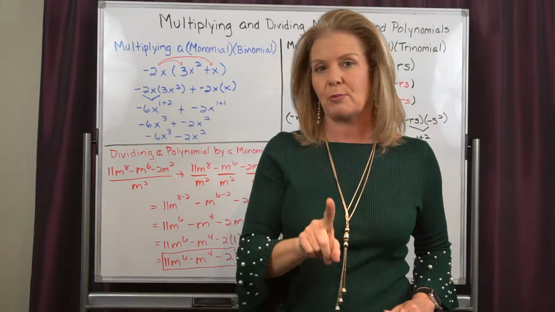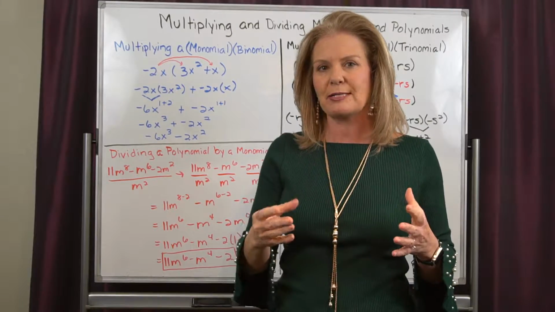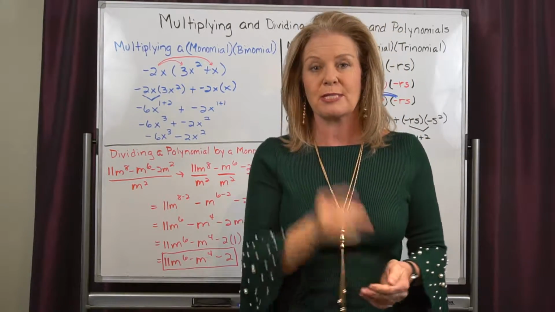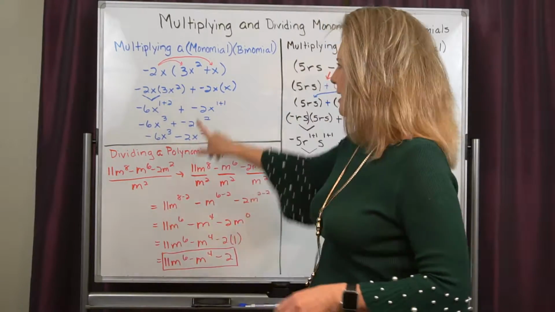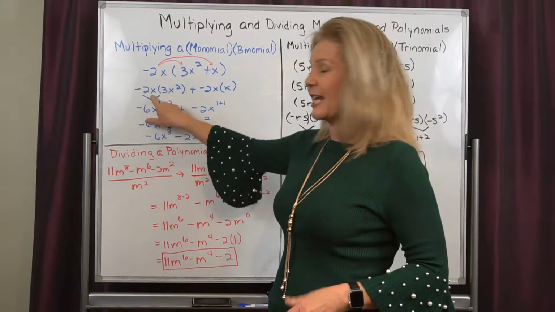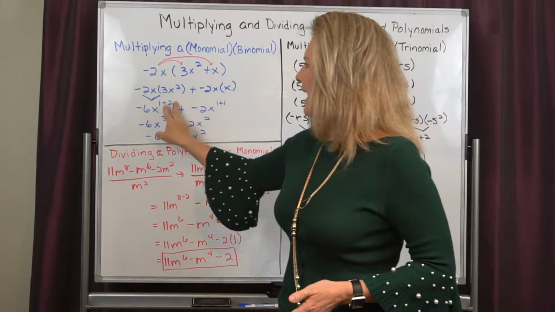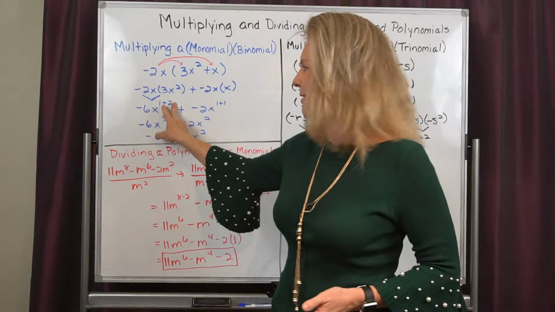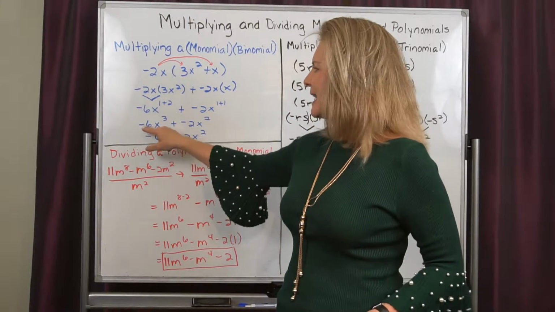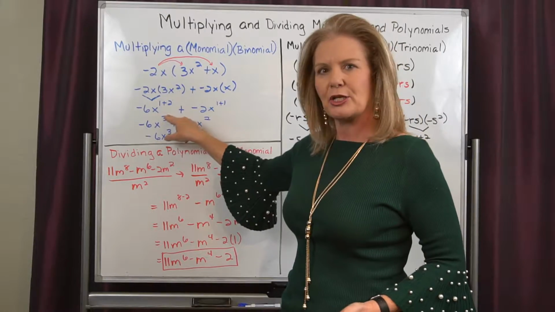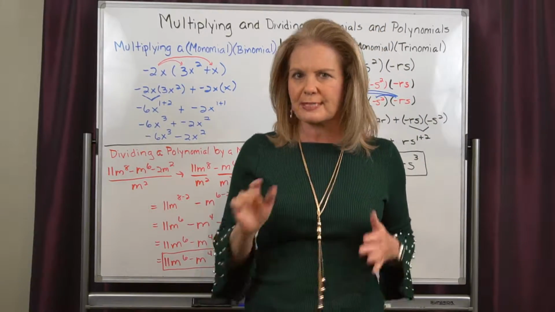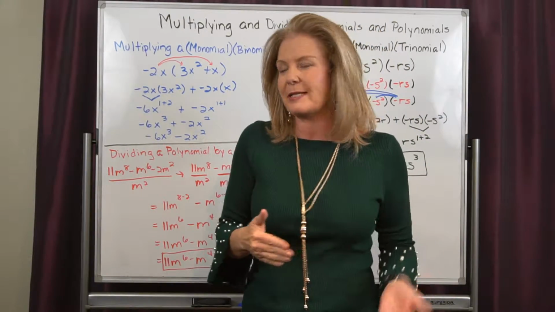When you multiply variables that have exponents, you actually add the exponents if those variables are the same. Because I have my x and I just have one of them and I'm multiplying by an x squared, I have to add those exponents together. So in the end, I would get negative 6x cubed. That's the only difference of what we're doing differently than what we did before.